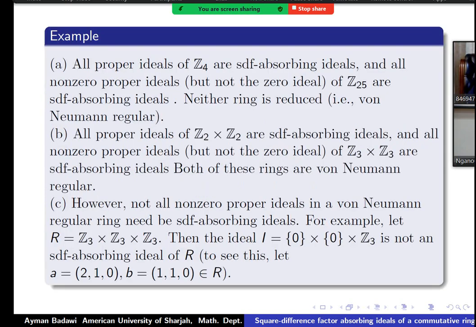Here are some examples, but for the time, I'd like to give you more results, so I'll go quickly on this one. All proper ideals of Z4 are SDF, because what are the proper ideals in Z4? 0 and 2: the ideal generated by 2 and the ideal generated by 0, which is 0.